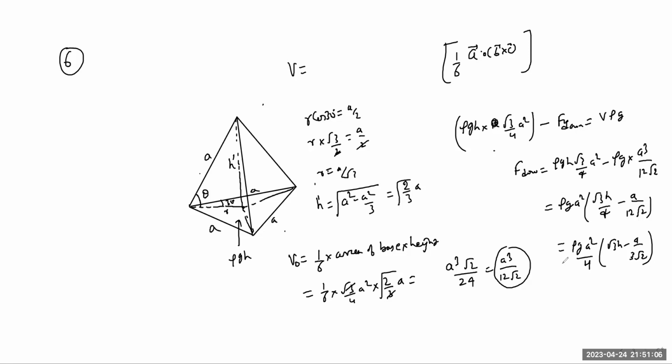Or I'll just check the volume of a tetrahedron because that is the formula which I might be missing. I guess we have made a mistake. It's fine. Volume is cube root 2 by 12, A cubed root 2 by 12.